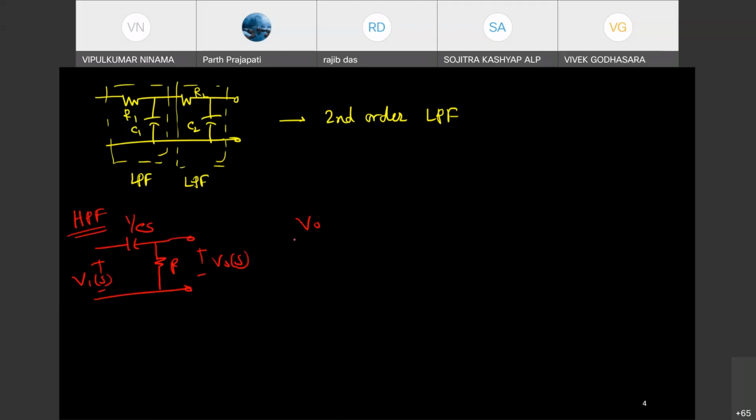And you see here, this V_0(s) upon V_i(s) is now R upon R plus 1 upon Cs. Because this resistance upon total resistance, it's a potential divider circuit. Self resistance upon total resistance. So this is R upon R plus 1 upon Cs.